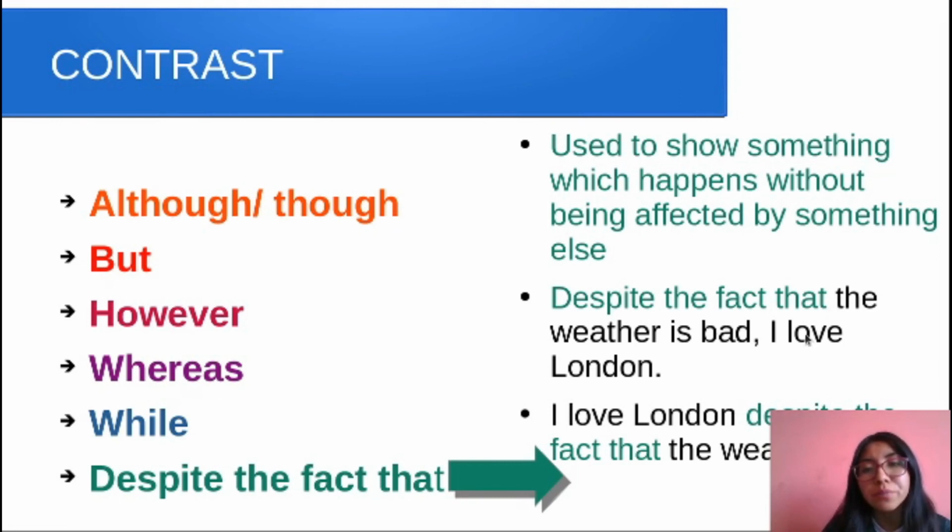And pay attention, you have to use it when the second idea doesn't affect the first. Okay, I love London despite the fact that the weather is bad. Pay attention, that is the same. You are going to use it at the beginning of the sentence or in the middle of the sentence. In this case, you don't need to use a comma, because despite the fact that works without commas.